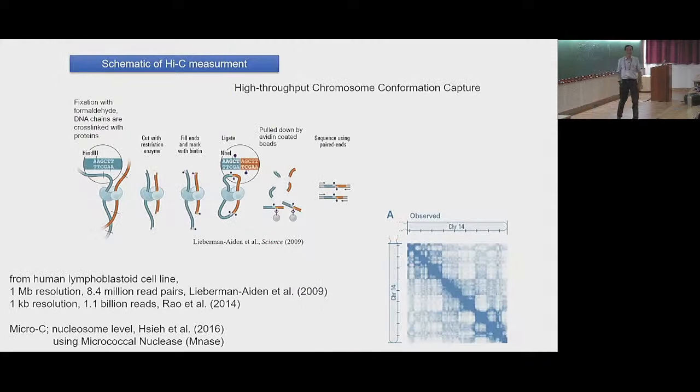Let me briefly explain what Hi-C is. Hi-C probably comes from the name high throughput chromosome conformation capture. This was invented by this group about 10 years ago. First, cells were fixed with formaldehyde, formalin.